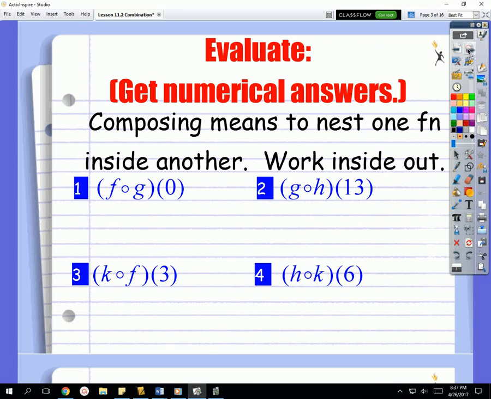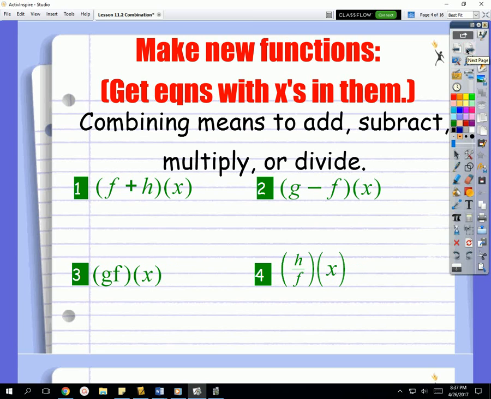Okay, so we're going to do one more thing with combining. And so I'm going down the page vertically where it says that we're going to make new functions or we're going to create new equations. And I'm going to stick right now with the combining, add, subtract, multiply, divide ones. So on f plus h of x, you're going to say, well, you're just going to have to do f.